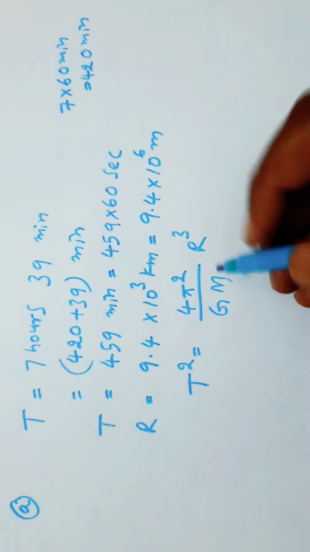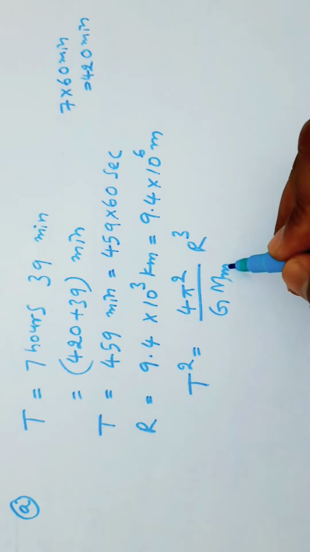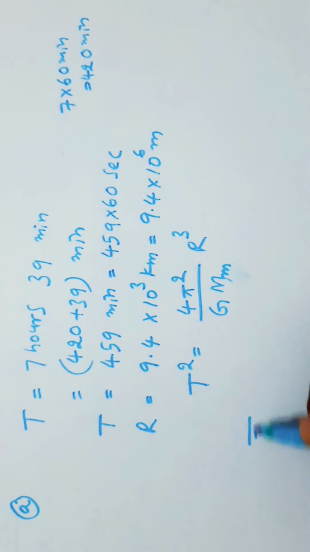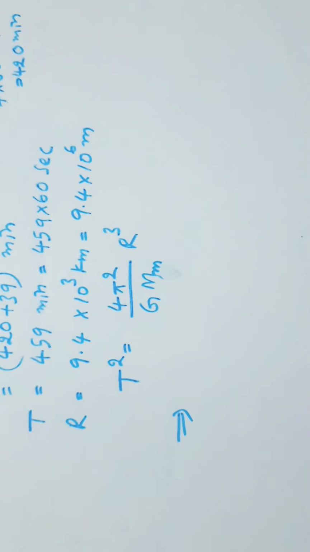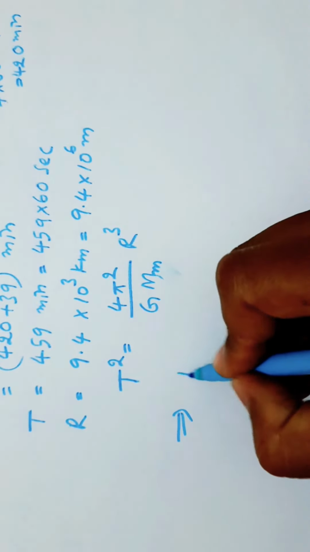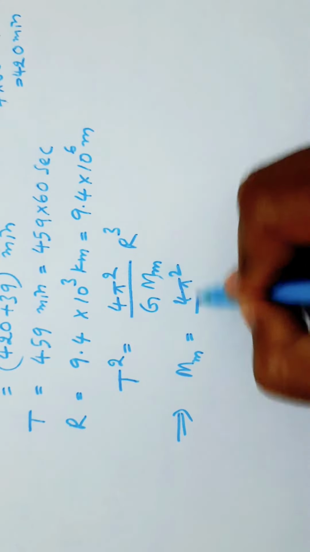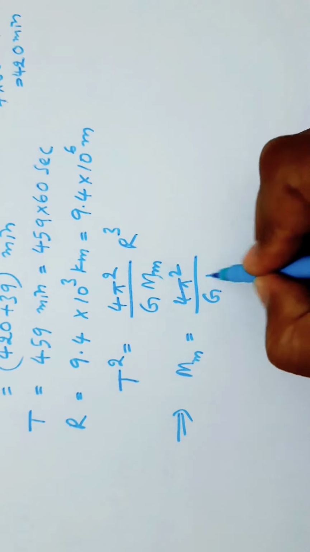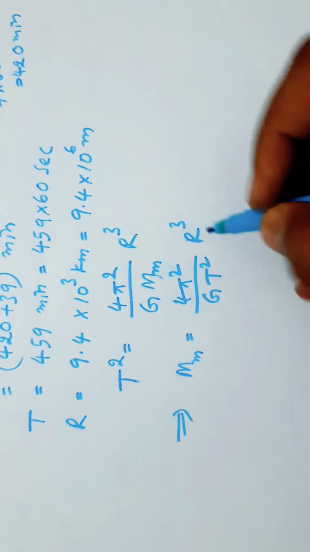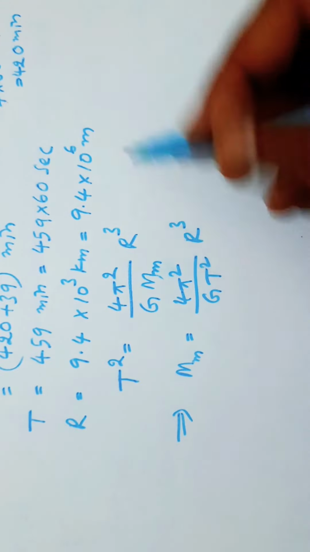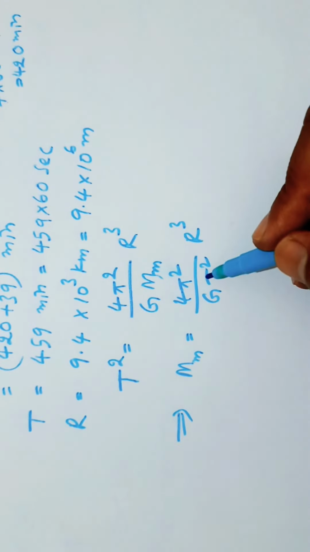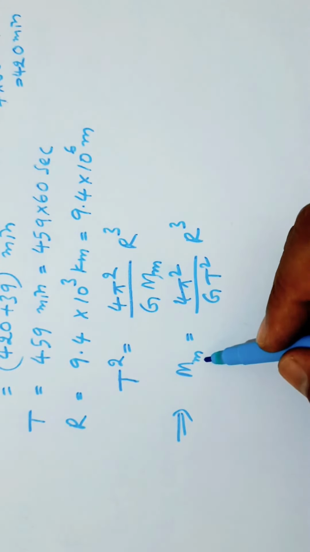So here I am taking mass of the Mars. So from this, mass of the Mars is equal to how much? So that is equal to 4 pi square R cube by G T square. So if we substitute these values in this equation, we can get mass of the Mars.